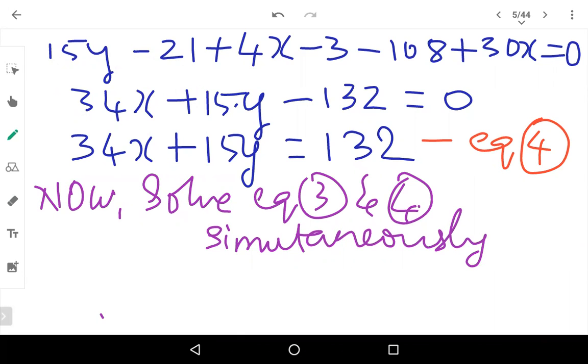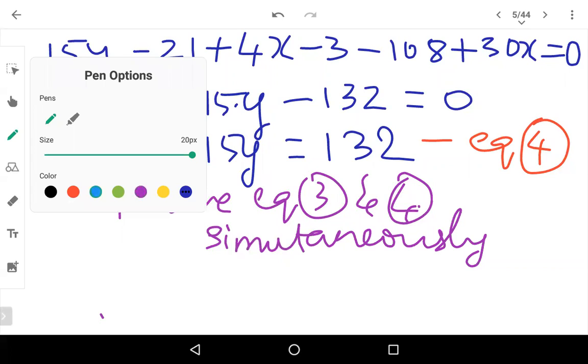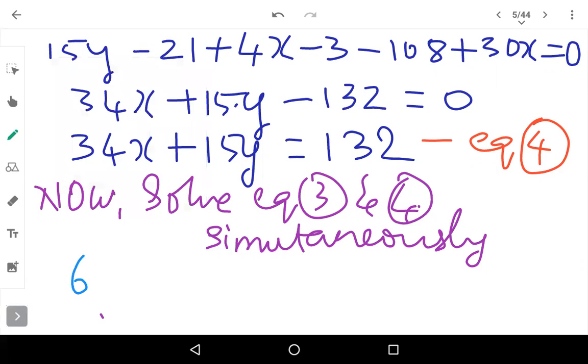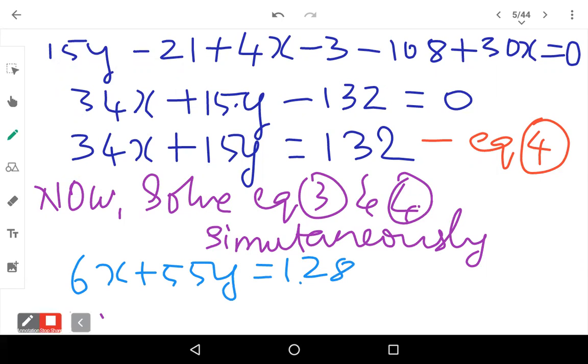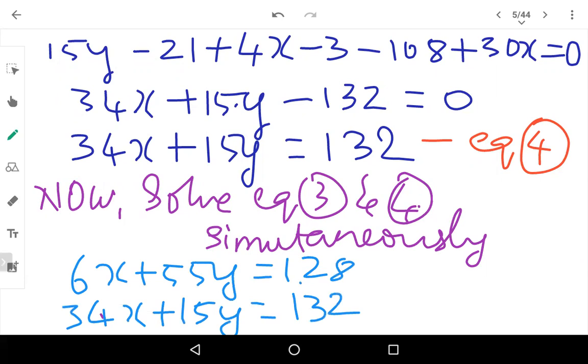Okay, so what is equation 3? Equation 3 we have got is 6x plus 55y is equal to 128, and the next equation is 34x plus 15y is equal to 132.